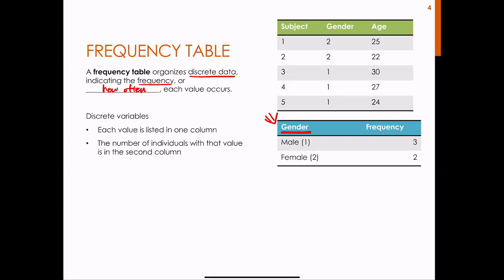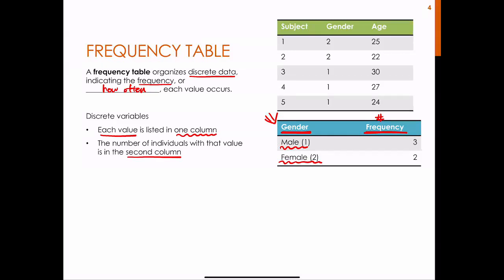For a discrete variable, each value is listed in one column. Here the levels of gender are male and female. The number of individuals with that value is in the second column, the frequency.